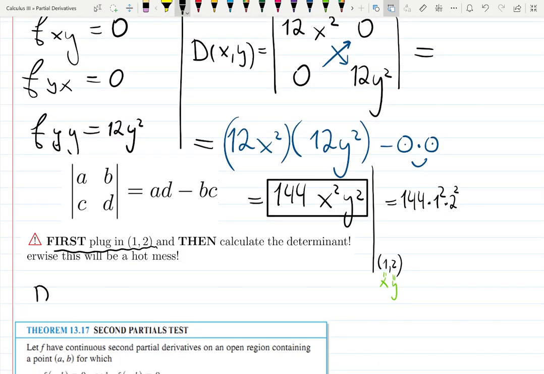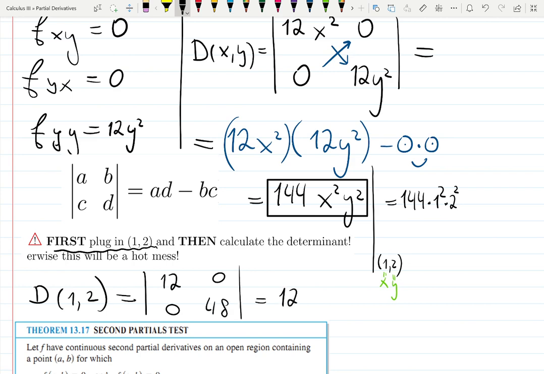Then D at 1 and 2 will be: 12x squared is 12 times 1 squared, so just 12. 0 is 0, 0 is 0. 12y squared is 12 times 4, 48. See? And the number will be 12 times 48. Should be the same number.